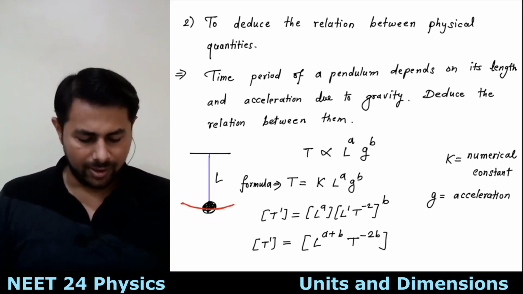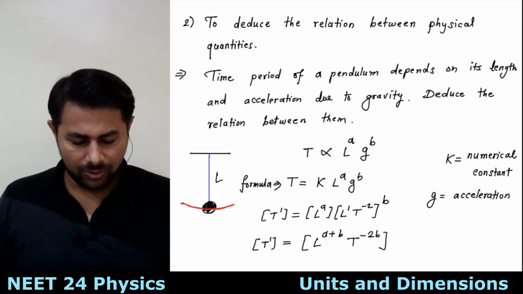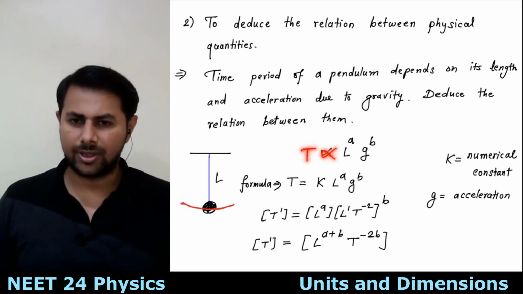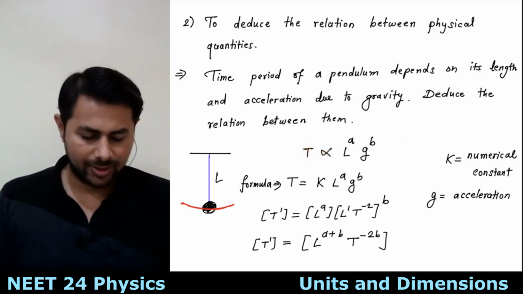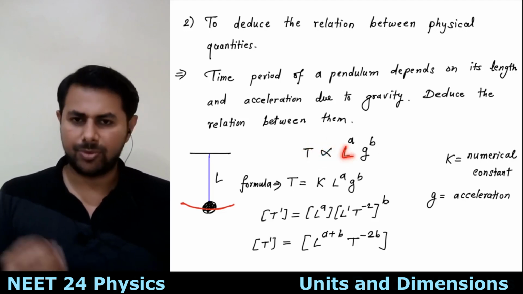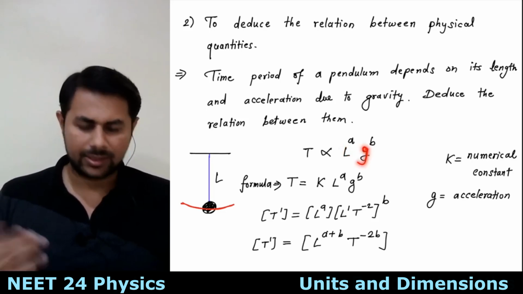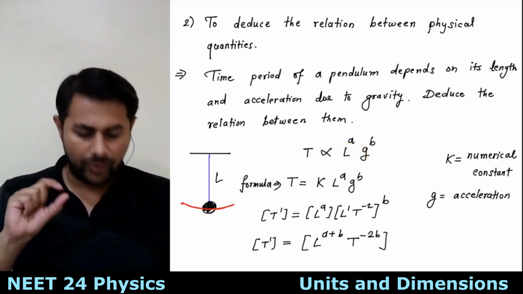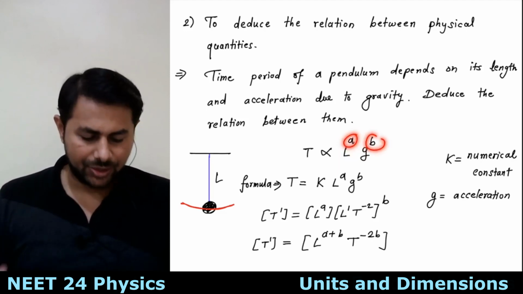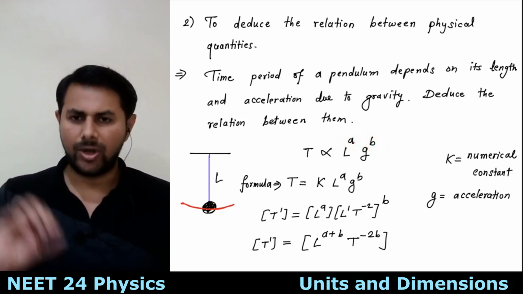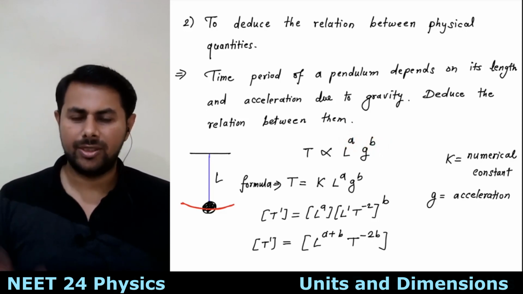It is just like any other acceleration. So how do we find the relation between them? We write T depends upon. To say it depends upon, we say it's proportional to length and proportional to acceleration due to gravity. But we don't know to what power length and acceleration due to gravity will come in the actual formula. To what power it's proportional, we don't know.